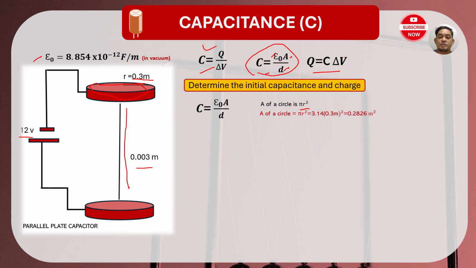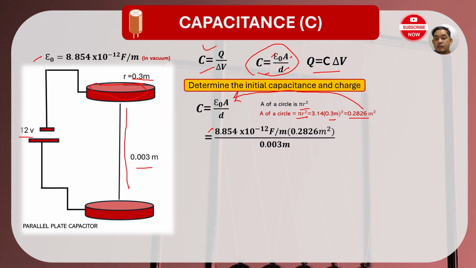So just substitute the radius in this formula. 3.14, the value of pi, multiplied by 0.3 squared, you will get this value here. We can substitute this value to our area. Okay, we have it here. We plug in the epsilon naught and then the area of a circle that we just computed seconds ago, and then we have the distance in between plates.